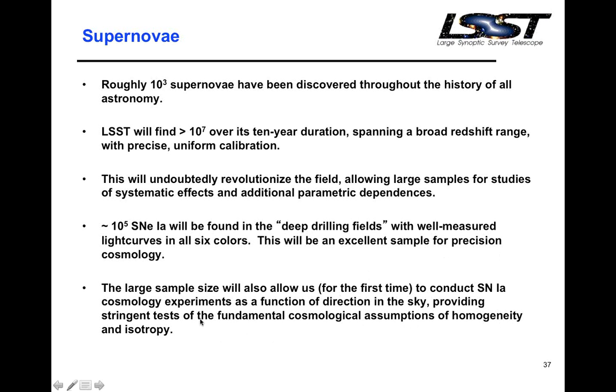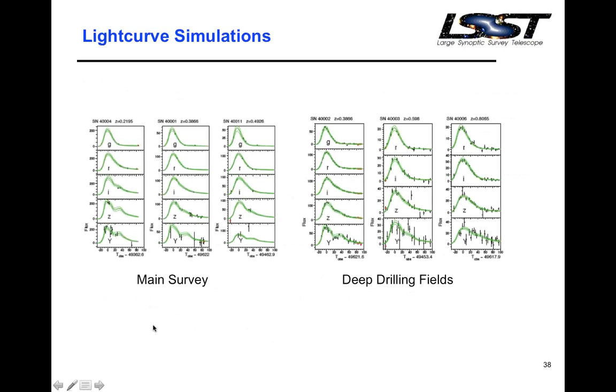And of course, we're not expecting departures from homogeneity and isotropy, but it's interesting to do the check. So these are some sample light curve simulations. In the main survey, where we just catch supernovae as we're scanning over fields, we'll unambiguously identify objects as supernovae, but our light curves won't be that great.